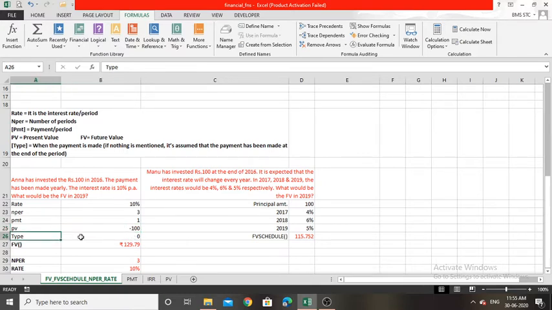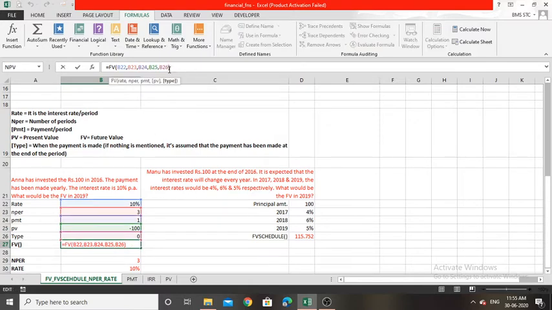So type is 0. What does that 0 denote? Here you can see the last argument is type. Rate, NPER, PMT, PV, all the data are here from the question itself. See the type: 0 means end of the period, 1 means beginning of the period.